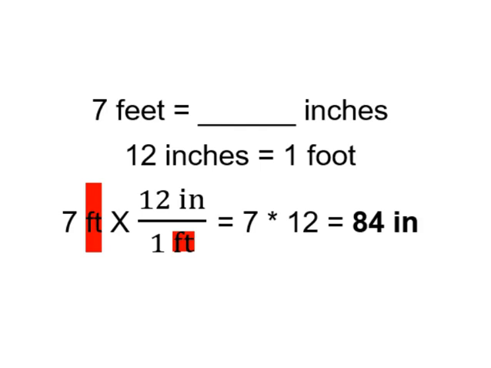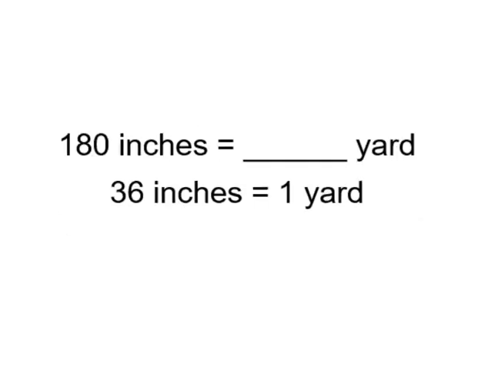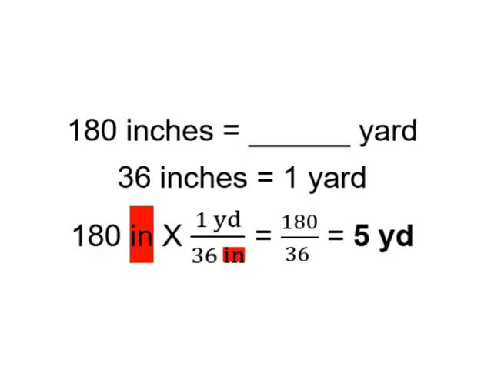Let's move on to our next problem. 180 inches is equal to blank yards. For our conversion, we are going to use 36 inches is equal to 1 yard. In order to find our answer, we multiply 180 inches times 1 yard over 36 inches.